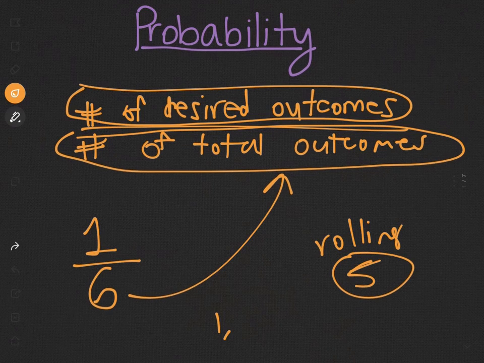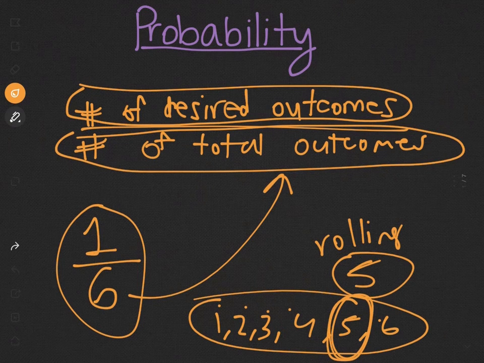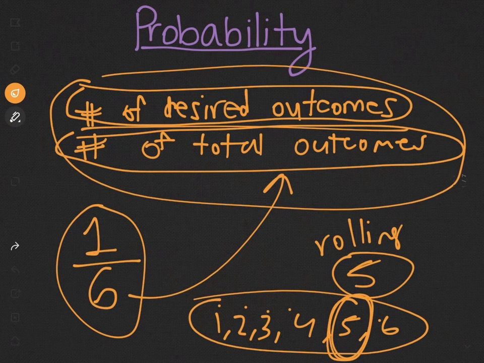The numbers are 1, 2, 3, 4, 5, and 6. And out of each of these 6 possible outcomes, there is one outcome in which you will roll a 5. So that's why the probability of rolling a 5, or basically any one of these numbers, is 1 out of 6. And I use this template right over here to help me get to that probability.